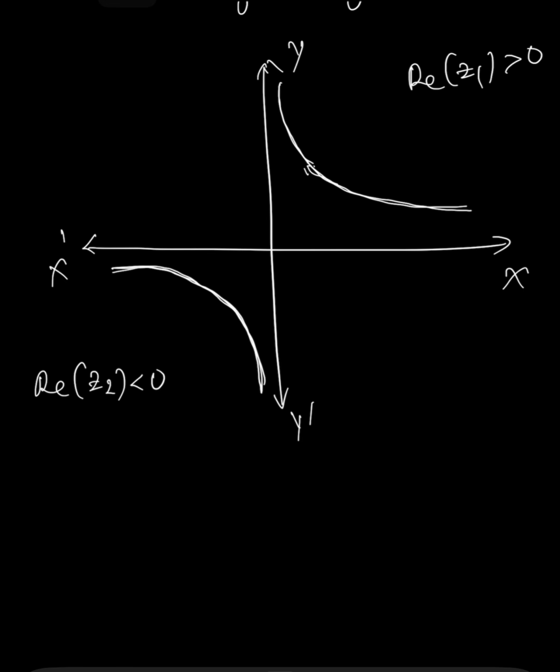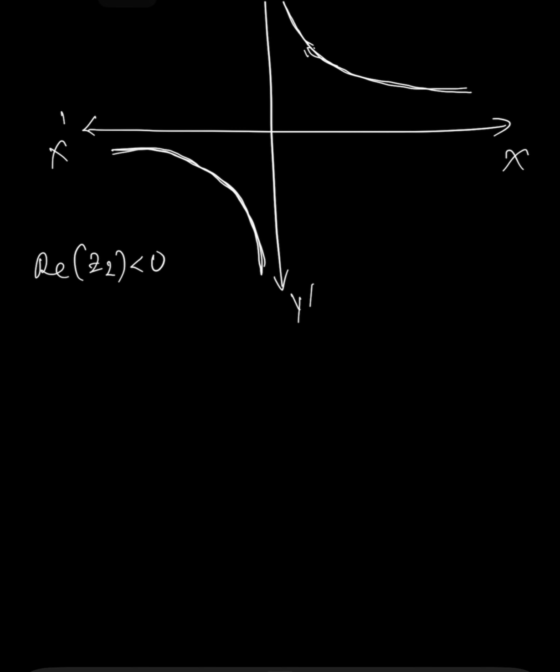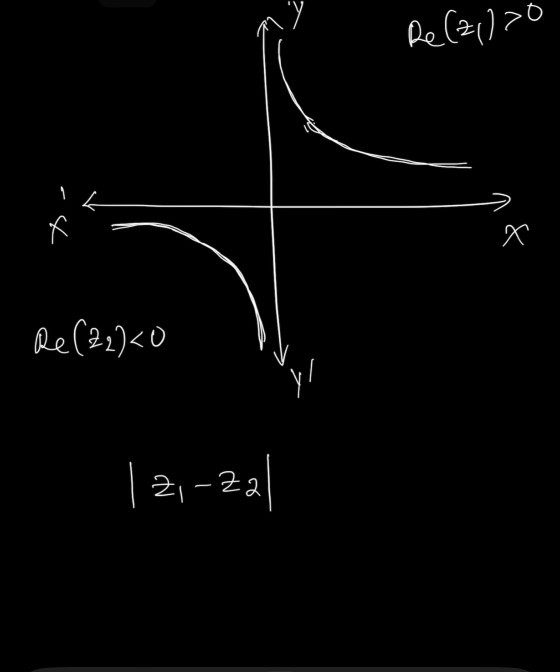We want the minimum possible value of z1 minus z2. As we know, modulus of z1 minus z2 represents the distance between the two complex numbers z1 and z2, and we need the minimum, so it is somewhere located here.